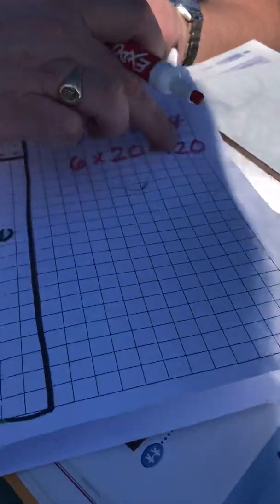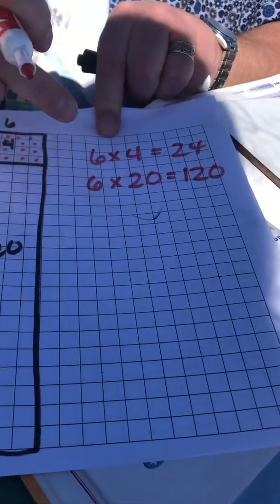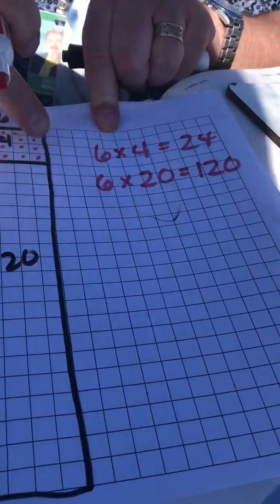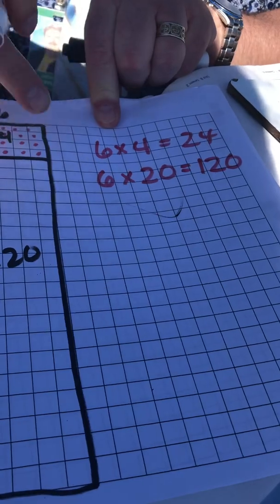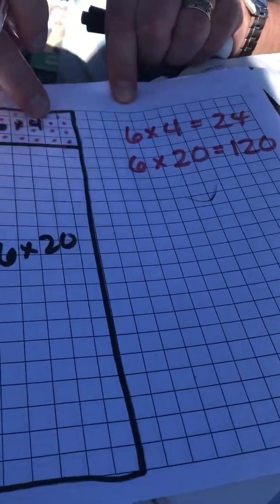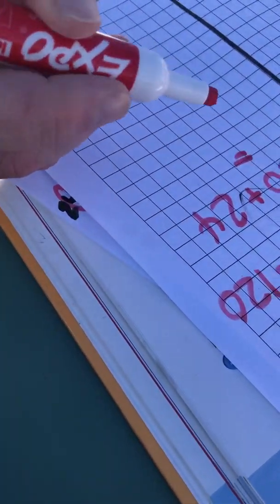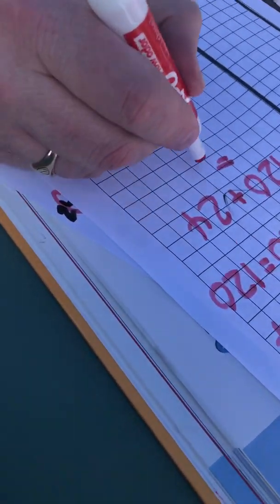This piece of the breakdown is worth 24, this one here is 120, and then now we just add the two together. So we take 120 plus 24 is equal to 144.